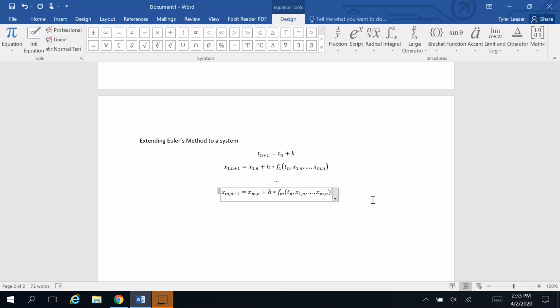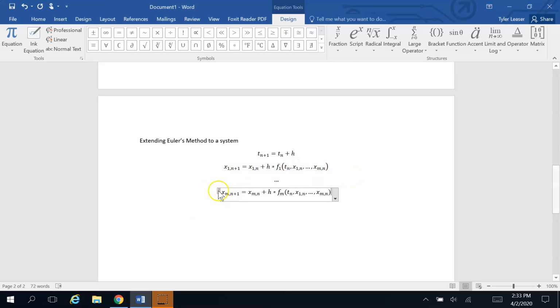Now I know this notation is kind of awful, but I hope the concept is there for you. You take your t value, which is the independent variable, and you're just increasing that by that small step size. You're going to increase your first function by taking the previous value of that function and adding onto that the step size times the value of that derivative at the last step.